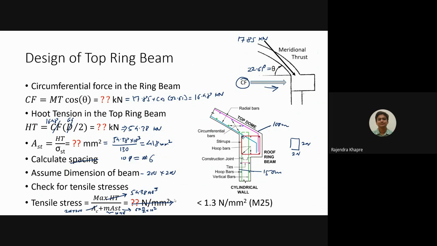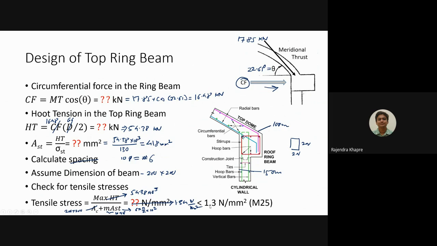This will be a combined effect of concrete as well as steel. You are getting this as 1.34 newtons per mm square.